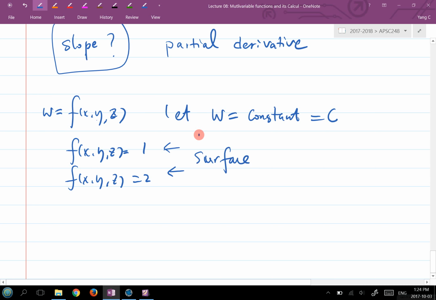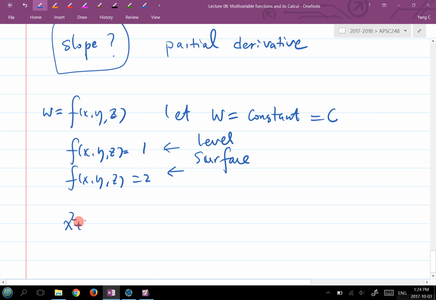And we have a name for it. It's called a level surface. Why is it level? Because on each surface, w is the constant. It's 1, for example. That's what's called a level surface. That makes sense? Now, how's that going to help us? I'll give you an example.